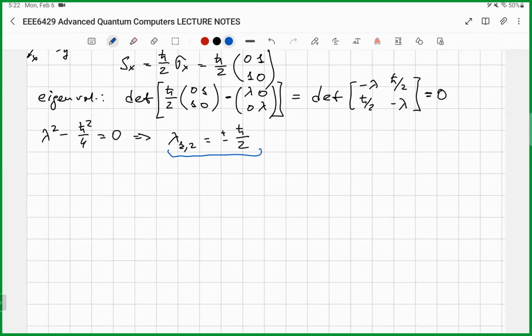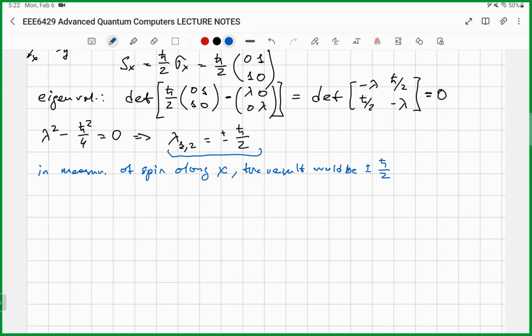It means that in the measurement of spin along the x-axis, the result will be either plus or minus h bar over 2.